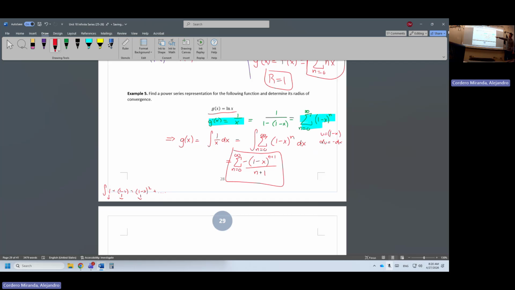Oh, this asks us get the series and determine its radius of convergence, which is good news. It's not asking us for the interval of convergence. So we know that this dude right here, the original green one that we based our whole series off of, that has a radius of convergence of 1 because that's when 1 minus x is less than 1. If you solve that, that has a radius of convergence of 1. So when I take the antiderivative, it also has a radius of convergence of 1.